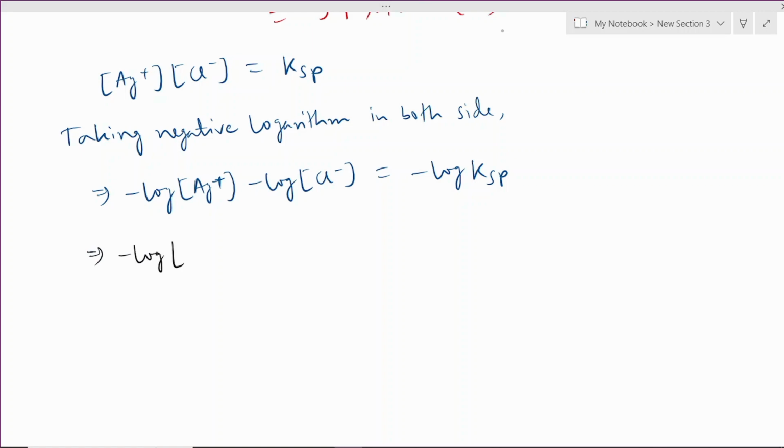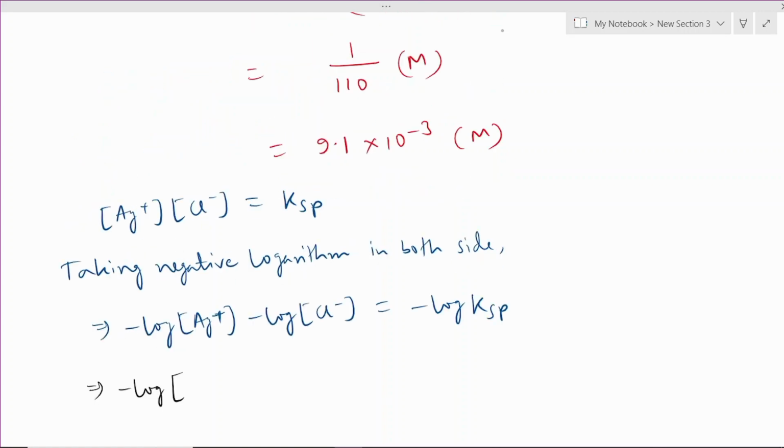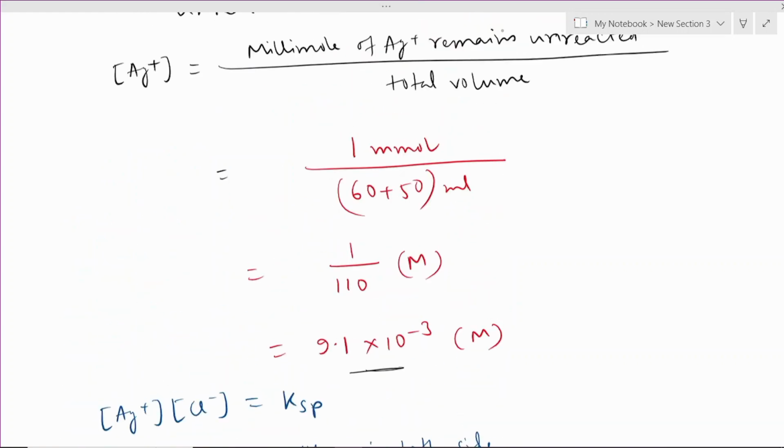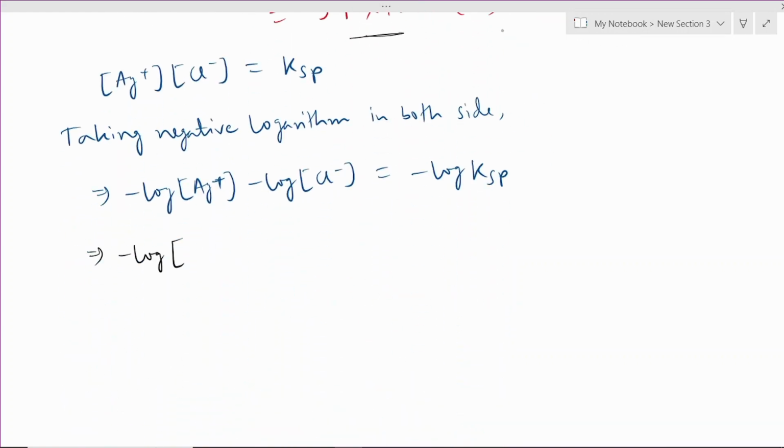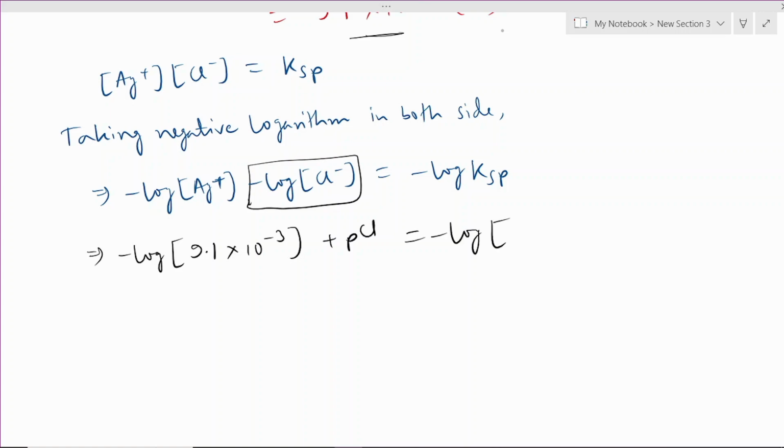Minus log concentration of Ag+, we have calculated earlier, that is 9.1 into 10 to the power minus 3, and it is nothing but PCl, minus log concentration of Cl-, so it is PCl, and minus log Ksp, the Ksp value that is given, that is 10 to the power minus 10.